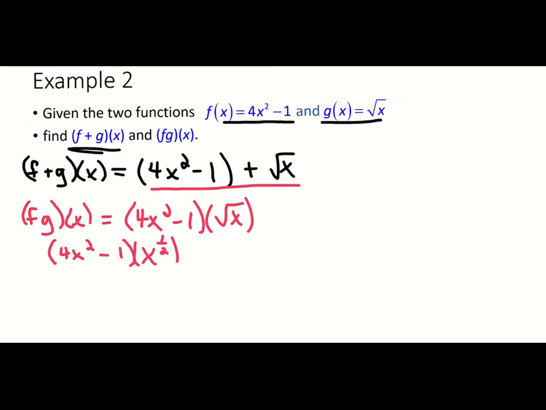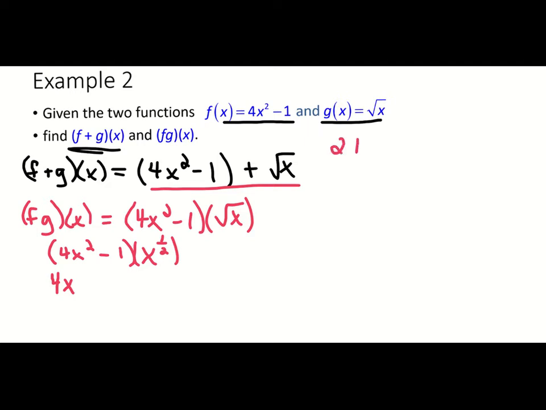And when we multiply, 4x squared times x to the 1/2 power is going to give me 4 times x to the, and again, remember when you're multiplying exponents, you add them together.